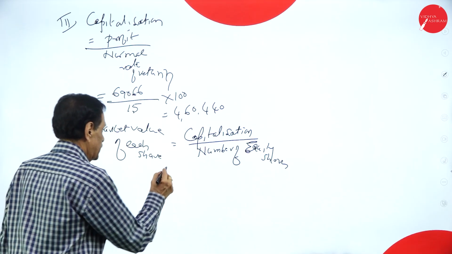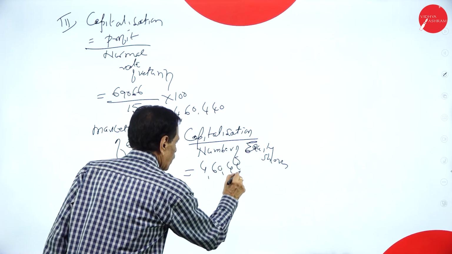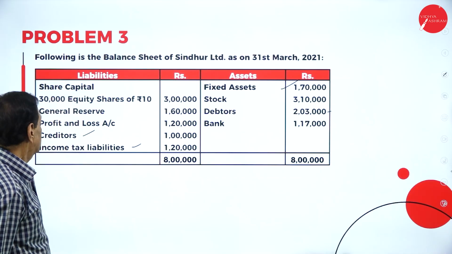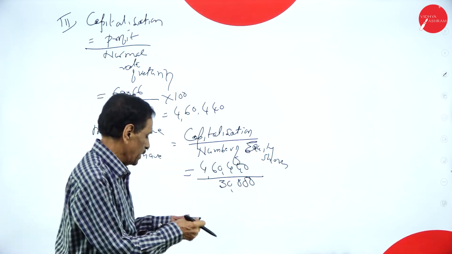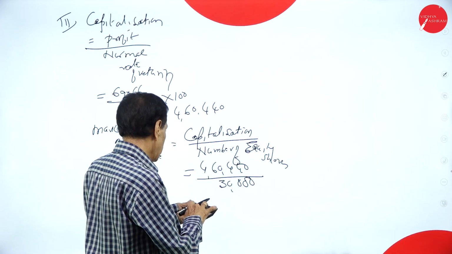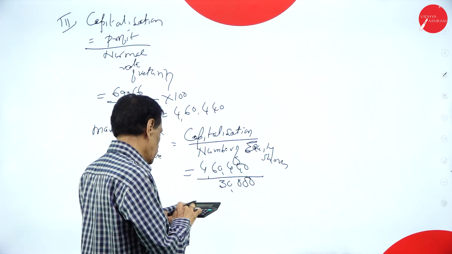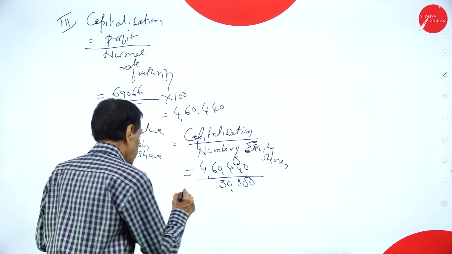What's your capitalization? 4,60,440 divided by number of shares 30,000. 4,60,440 divided by 30,000, so 15.35.